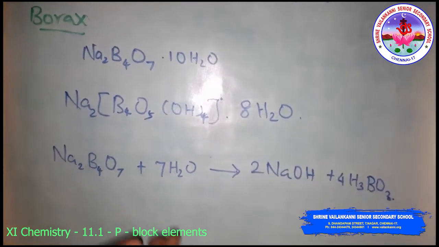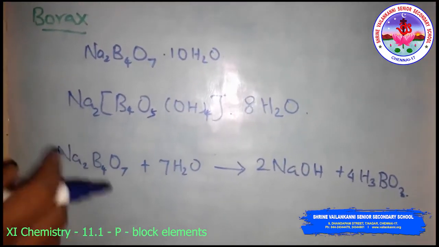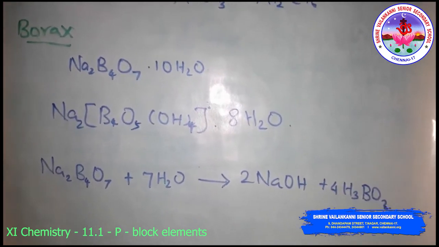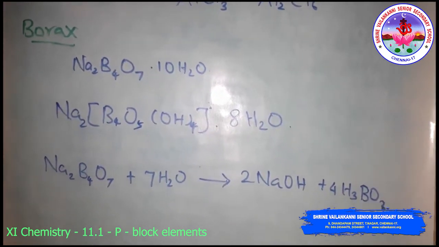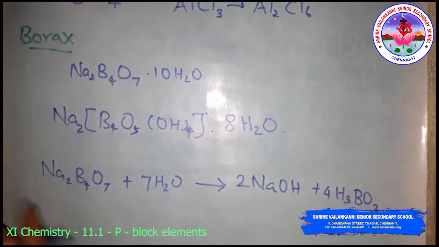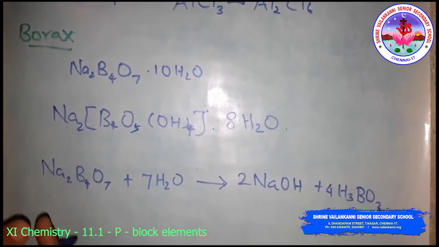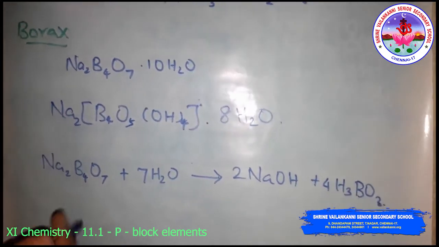This is orthoboric acid. On heating, borax first loses its water molecules and swells up, and on further heating it turns into a transparent liquid, which solidifies into a glass-like material called the borax bead.